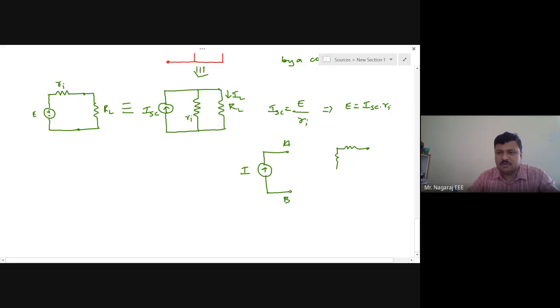Now, if these two terminals X and Y are open, this resistance R will not carry current. There may be whatever connections on this side, if I keep X and Y open, this resistance will not carry current. That is 100% true.